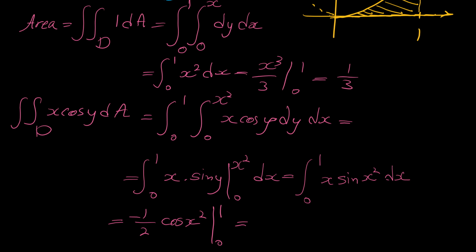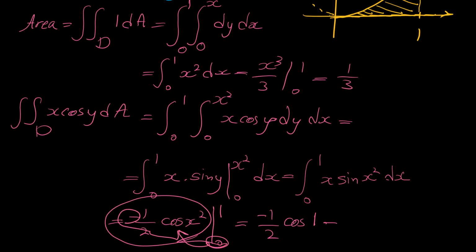Now we have to plug in 1, we have to plug in 0, and we have to subtract these two from each other. So we have negative 1/2 cosine 1. If we substitute 1 for x, we have this minus this expression. When we substitute 0, minus would be plus, so plus 1/2 cosine of 0.